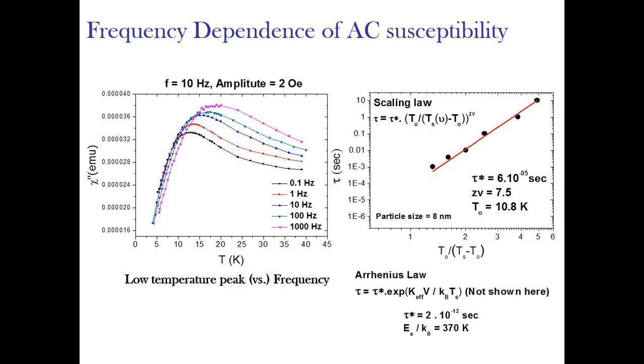And tau static is the spin flip time of the nanoparticle, which is high due to the slow relaxation, which is a typical fingerprint for a spin glass system.